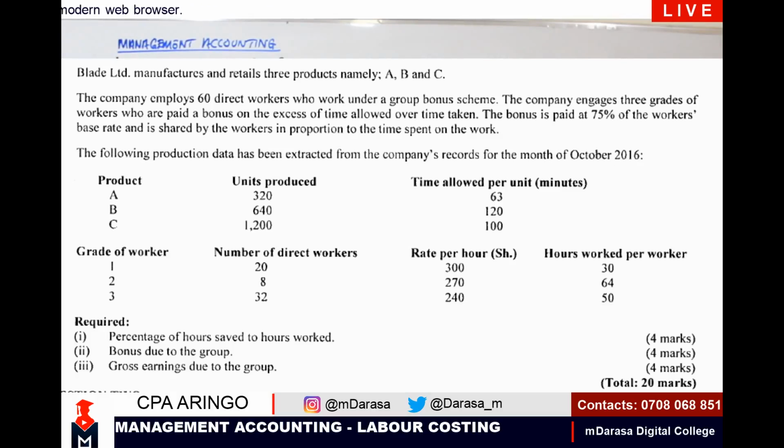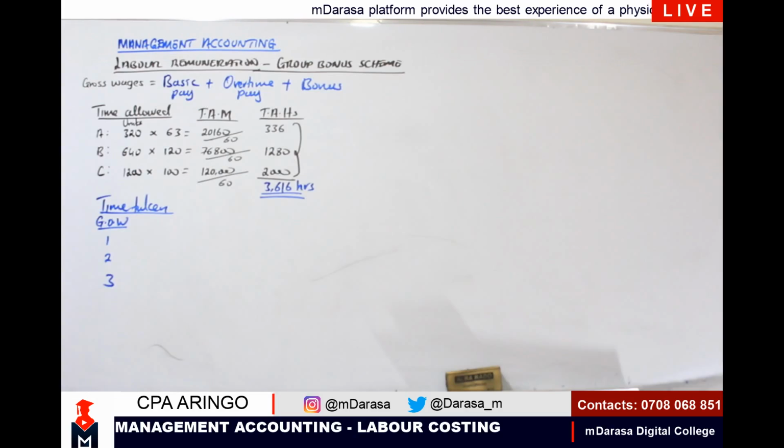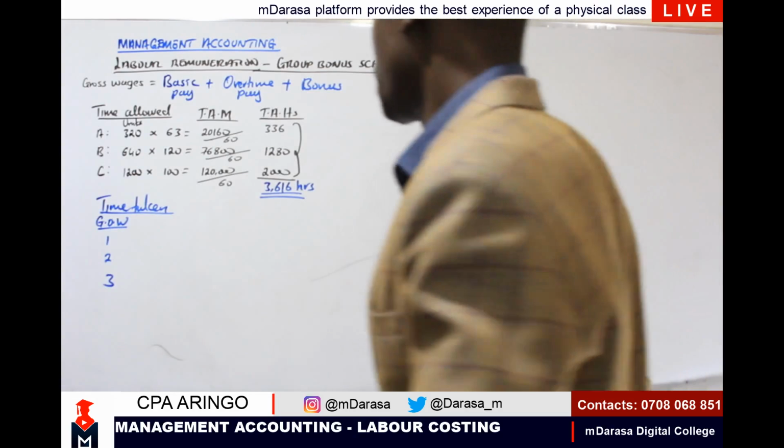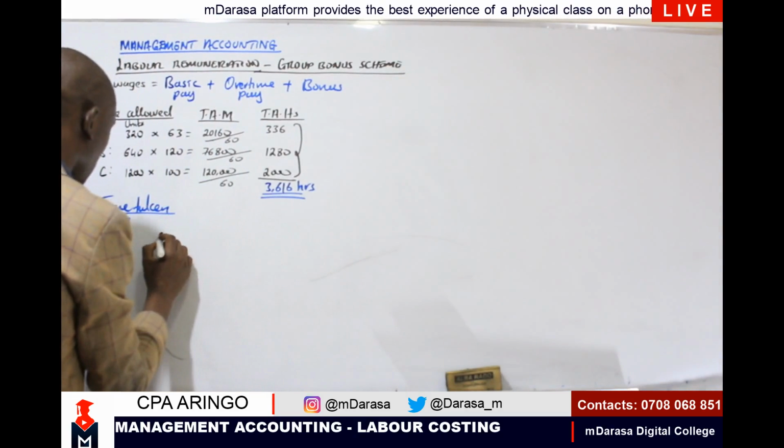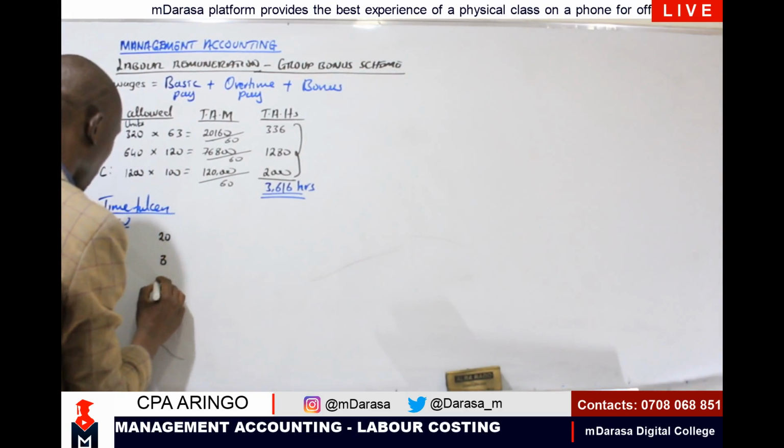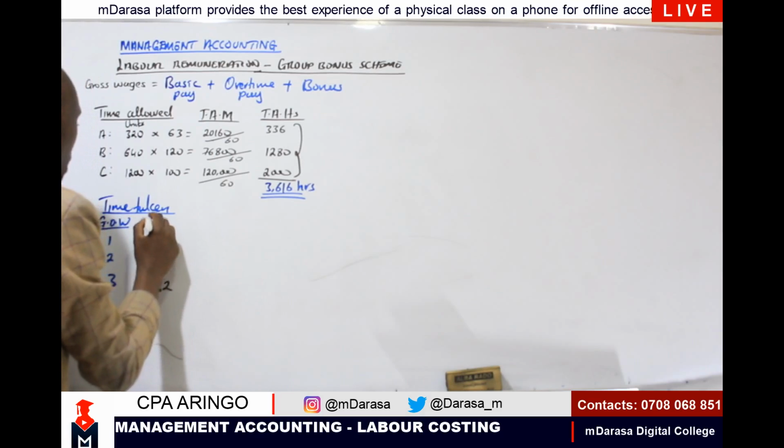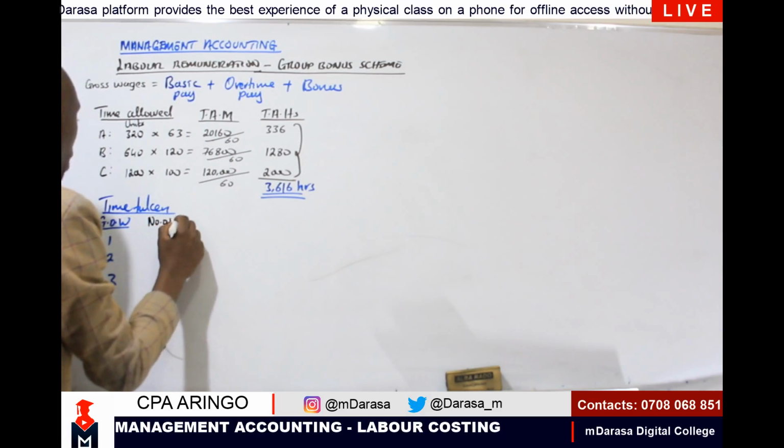What about the number of direct workers? You can clearly see we do have 28 and 32. These are number of workers.